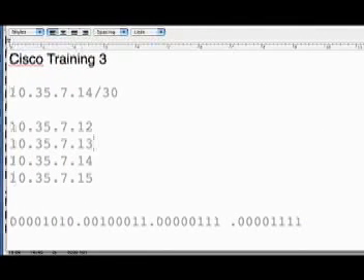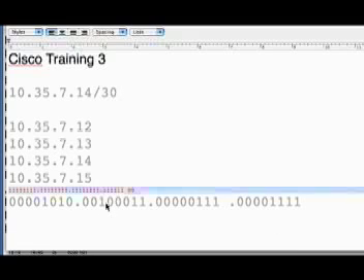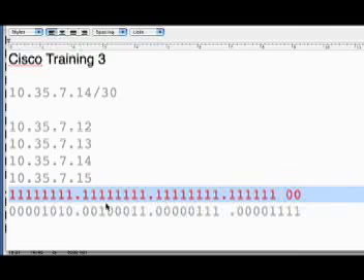Here's our IP addressing. Now the net mask for a /30 is made of bits. Here are all the bits for the net mask. These are the bits that are the network. The first 30 bits indicate the network, so you set them all to 1.